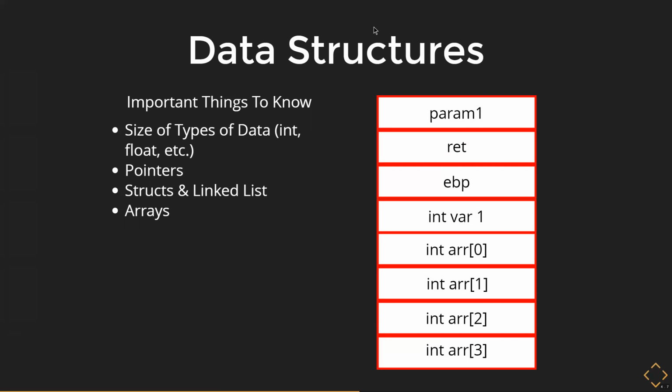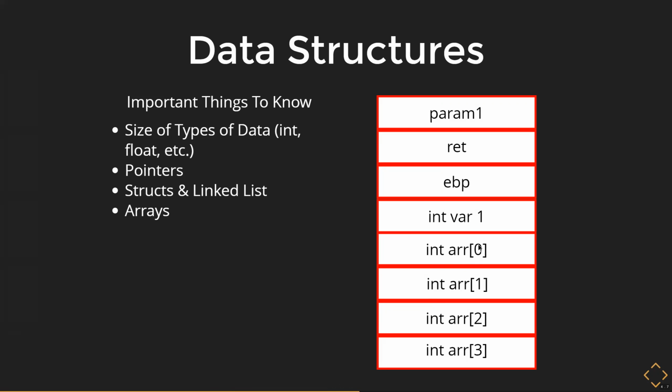To give you an example on the right, we have a parameter, and then a parameter up above, but below it we have a local variable that's an array of integers. In this case, each one is an integer.